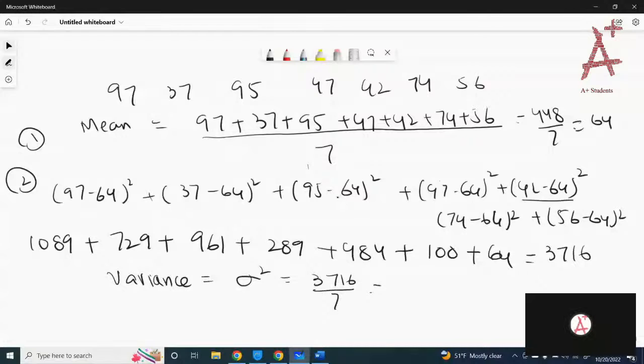So 3716 divided by 7 is 530.8. Got it? And for the standard deviation, you just have to calculate the square root of the variance.